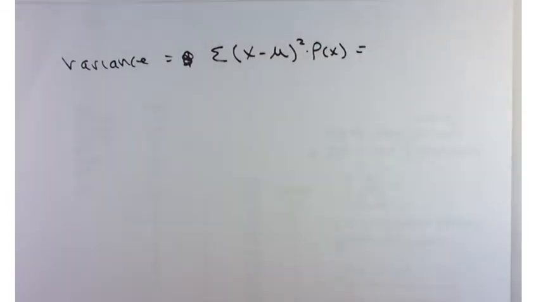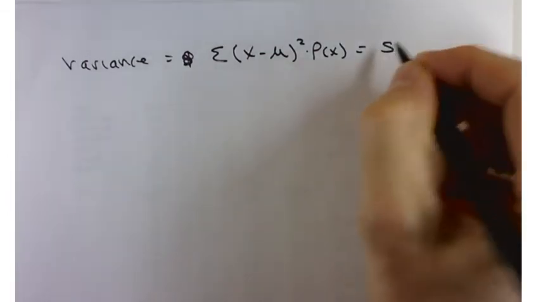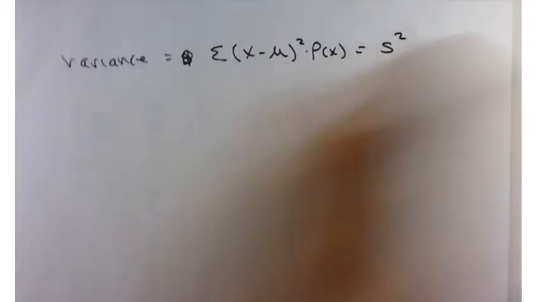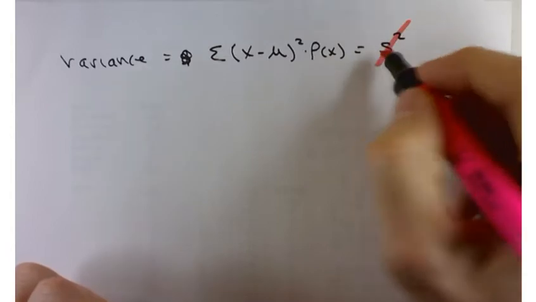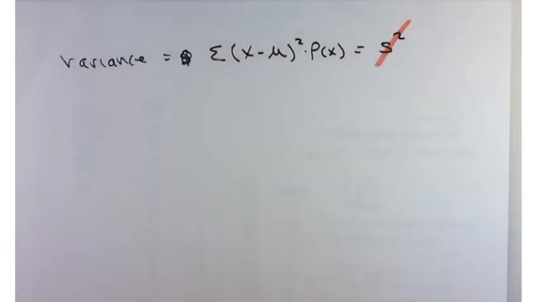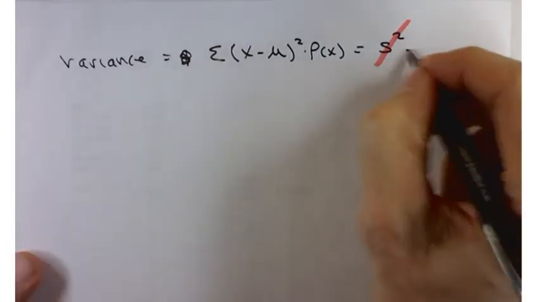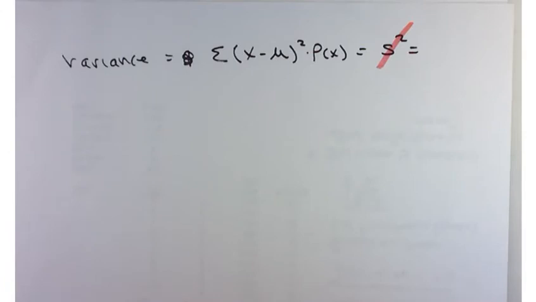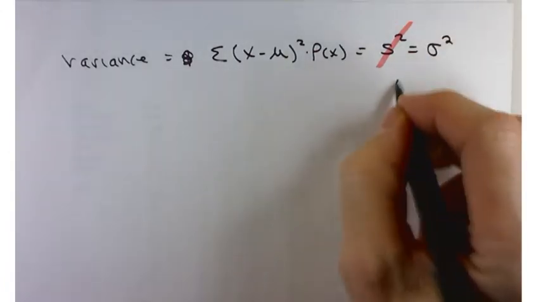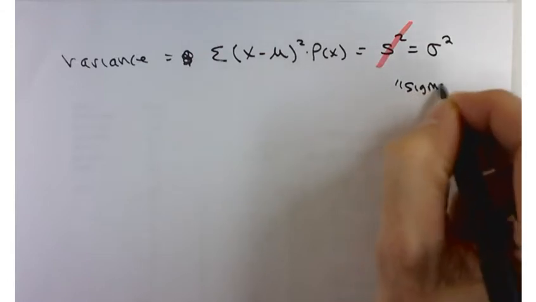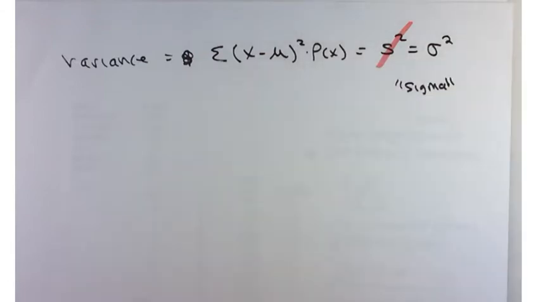Kind of like what we did for our mean, we're not going to use s squared anymore because s squared refers to sample variance. We're going to use the population parameter. We're talking about the population of all values here. So that's going to be a sigma, and in our case, because it's the variance, it's going to be sigma squared.